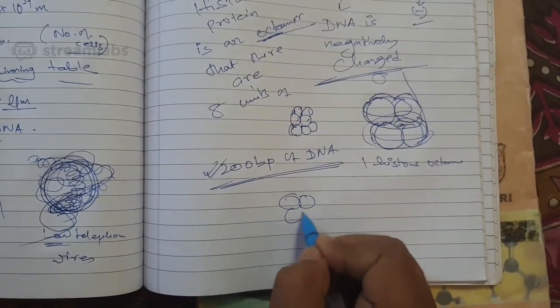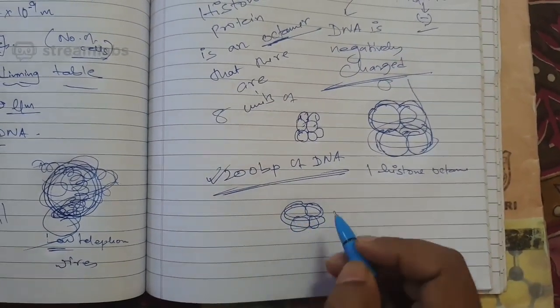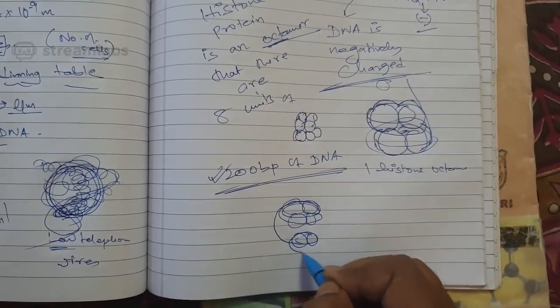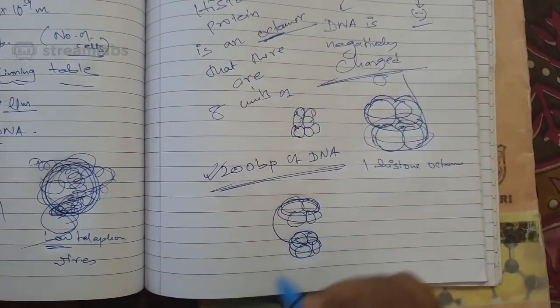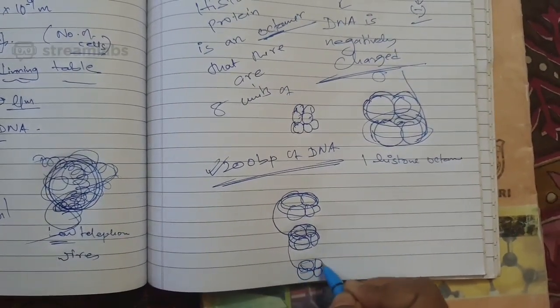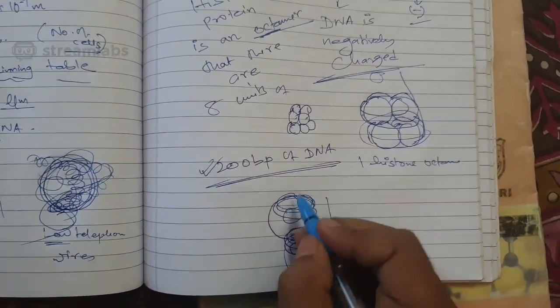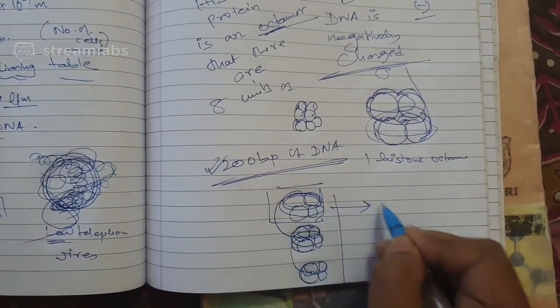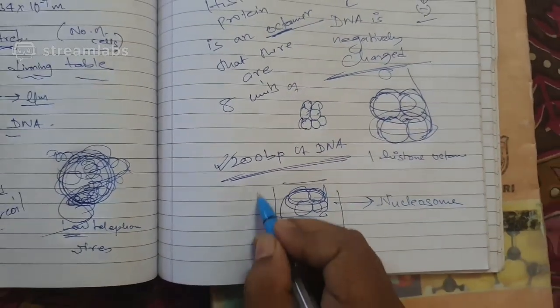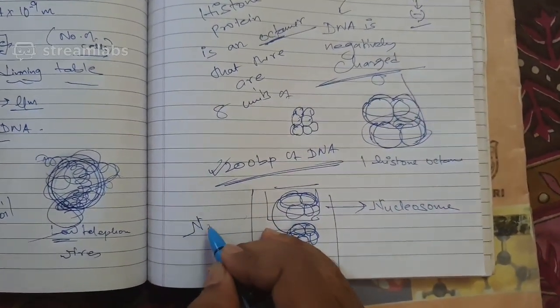Suppose this is octamer, 200 base pair wrapped around, then it again comes and wraps around another octamer, again it comes and another 200 base pair wraps around another octamer, and in this way it goes. Each of these is known as nucleosome, and the entire model is known as the nucleosome model.